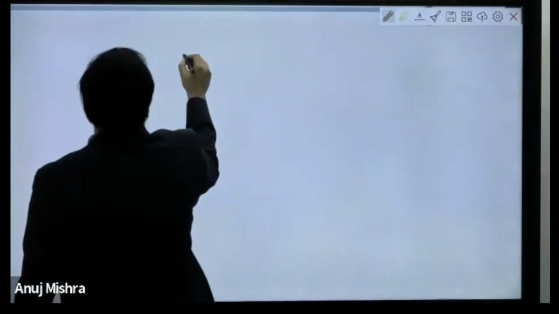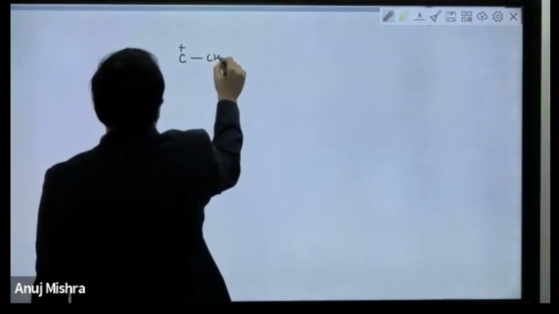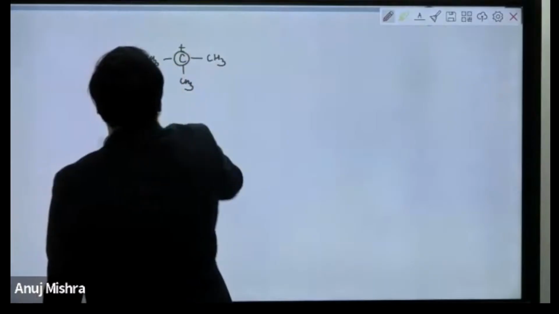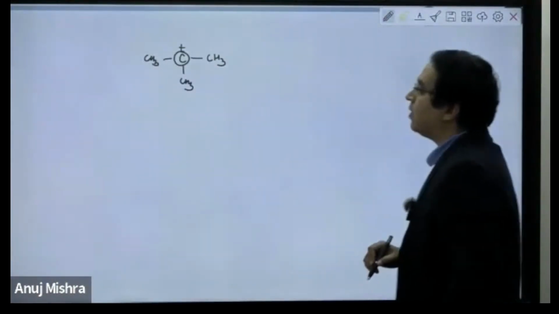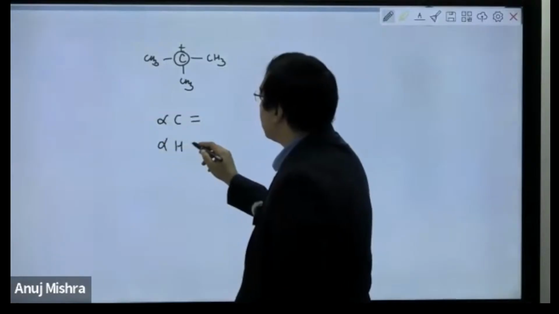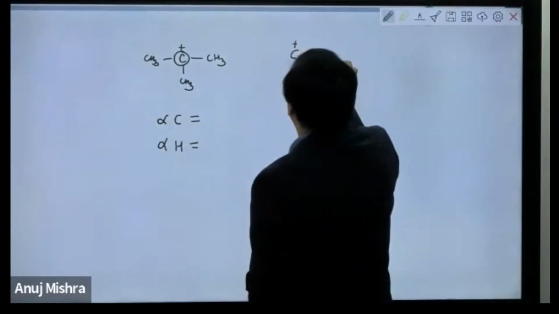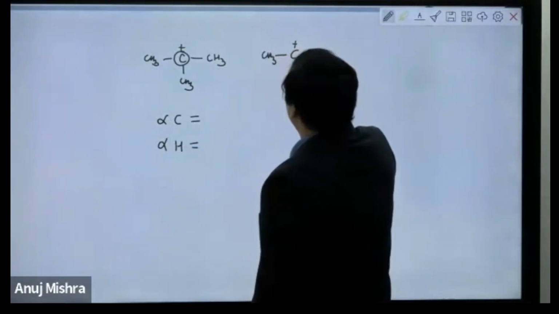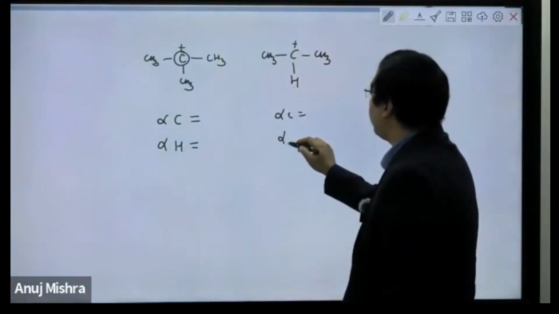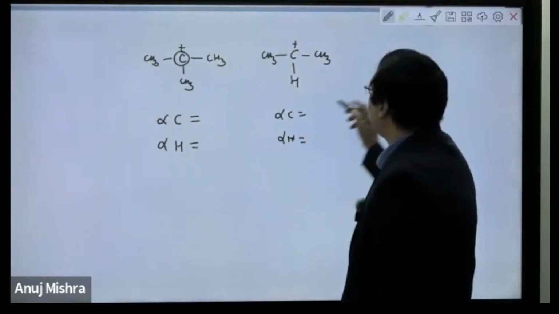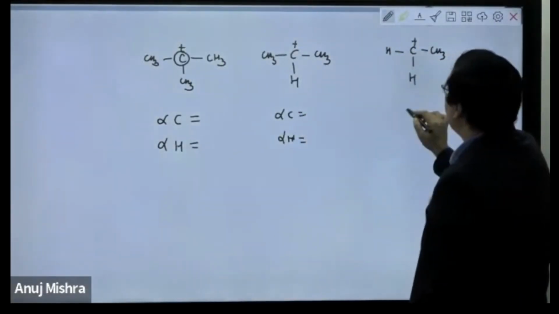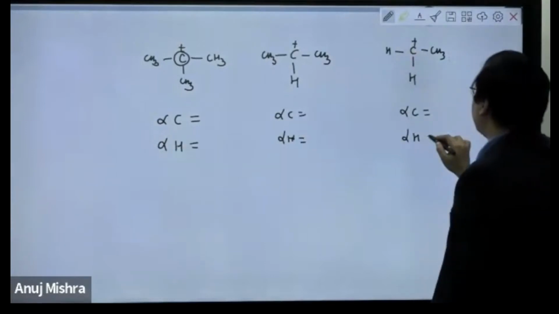So let's say a question comes when you have C plus and you have CH3. With respect to this carbocation, please count alpha carbon. So give me alpha carbons, how many? Give me alpha hydrogens, how many? Next question, C plus, CH3, hydrogen. Same question. Alpha carbon, how many? Alpha hydrogens, how many? Next question, C plus, just CH3, 2 hydrogens. Alpha carbon, how many? Alpha hydrogen, how many?